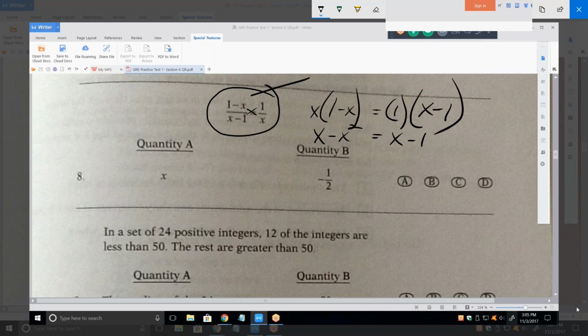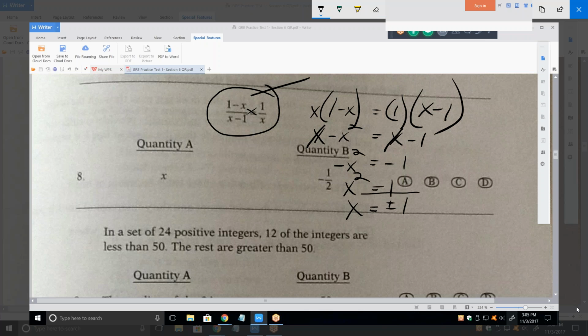Still with me? Now let's subtract x from each side, which gets rid of that and gets rid of that, and leaves minus x squared equals minus 1. Now if I divide both sides by minus 1, I get x squared equals 1. Now what is x equal to if x squared equals 1? It's actually plus or minus 1.